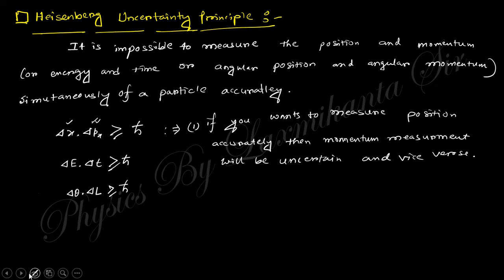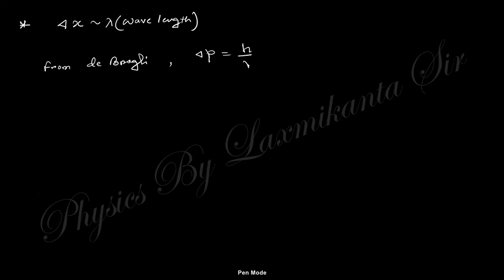So if you want to prove this relation, you can easily prove it. The delta x, the position of any particle, must be nearly lambda, the wavelength associated with the particle, and from the de Broglie hypothesis, you can say that the delta p momentum change is nothing but h by lambda, and lambda is nothing but h by delta x.